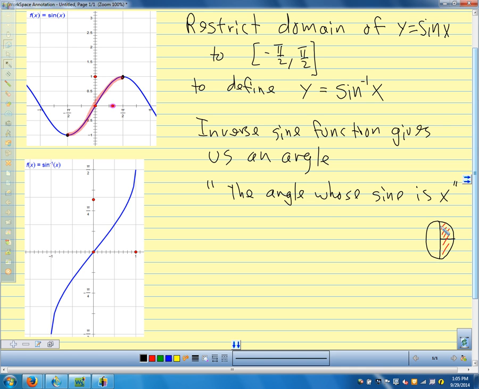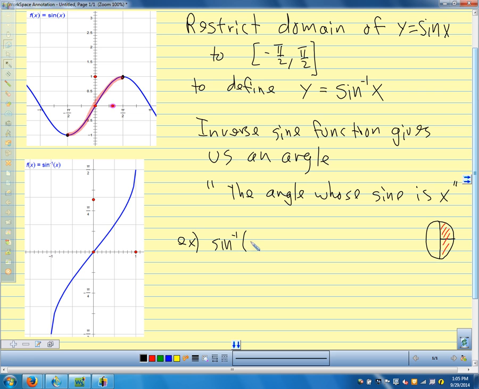So let's look at a couple of examples to help us think about this. The idea here is we restrict our domain so we can find an inverse function. Restrict the domain of y equals sine x, and our answer, what we get out of the inverse sine function, is an angle between negative pi over 2 and pi over 2.